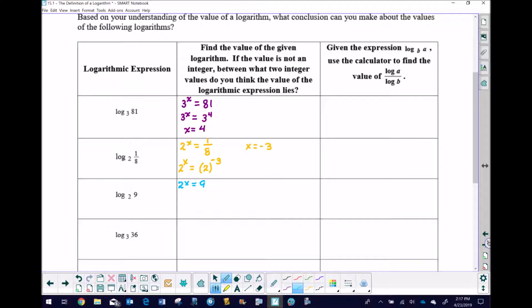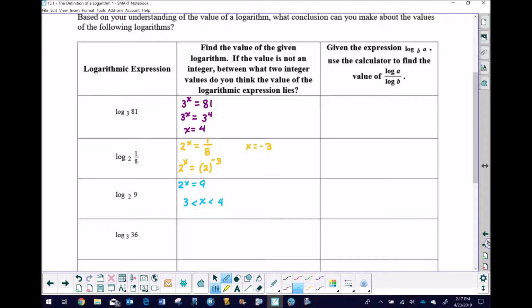All right. Now, I'm not going to give you my car, but can you guys tell me between what 2 integers it lies? Bigger than what? Smaller than what? Between 3 and 4. Very good. Because 2 to the third is 8, and 2 to the fourth is what? 16.